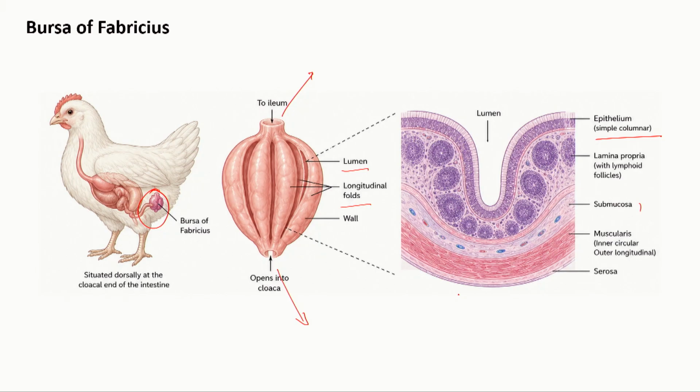These are primary lymphoid organs in chickens and birds, producing B lymphocytes, and any deformation or problem in this organ can lead to immunosuppression. There is a disease called infectious bursal disease in poultry.